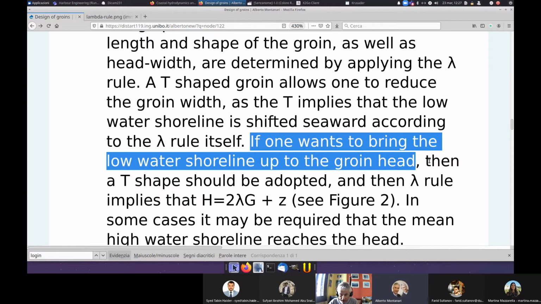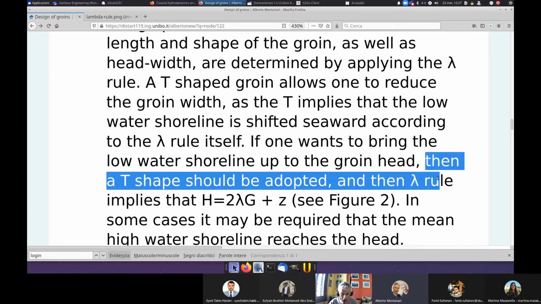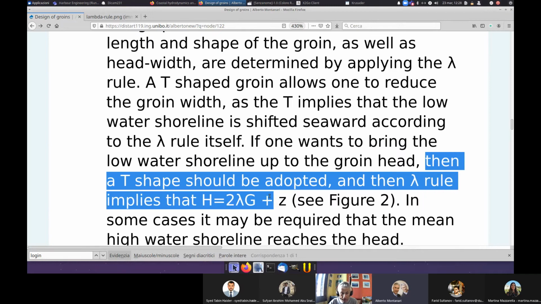And in fact, here it's written, then a T-shape should be adopted. And then the lambda rule implies that H is equal to 2 lambda G plus Z. Again, H is greater than Z.